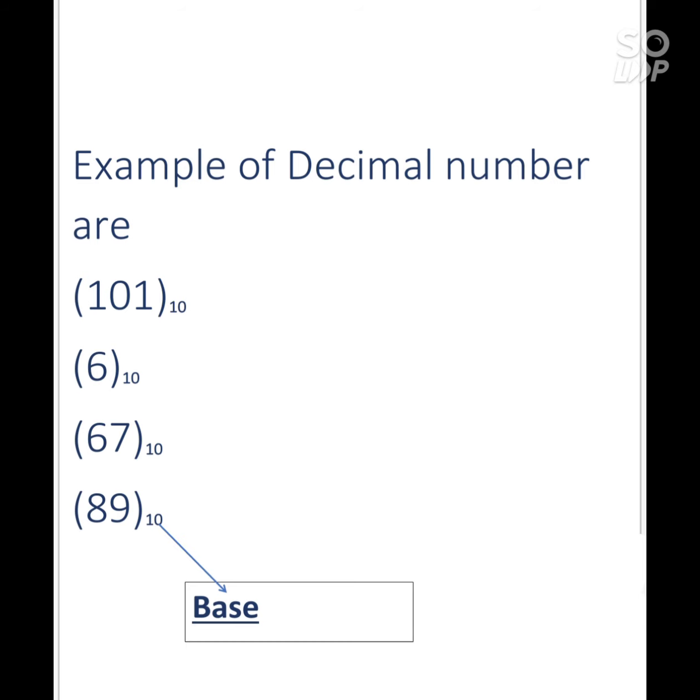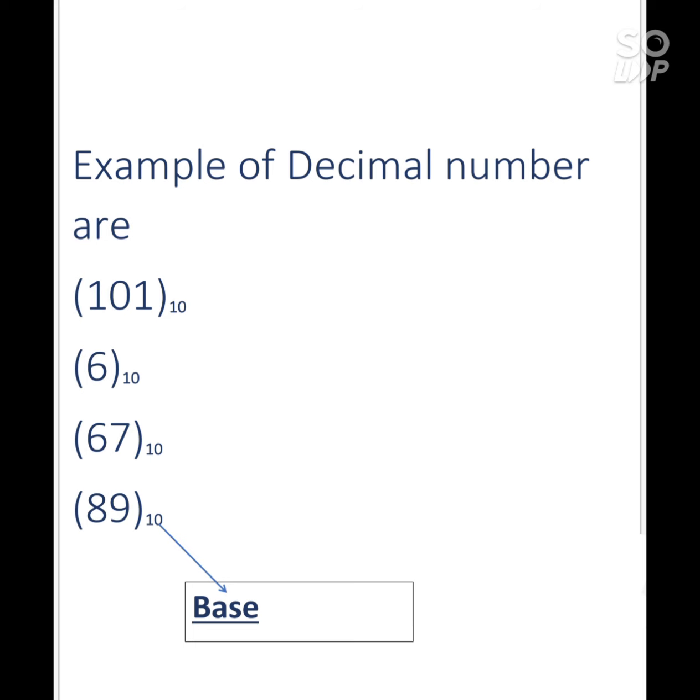If you want to find out whether a number is a decimal number or a binary number, you just need to see the base. This will help you differentiate the numbers from one format to another. If the base is 10, then that number is of decimal format. If the base is 2, then that number is of binary format.